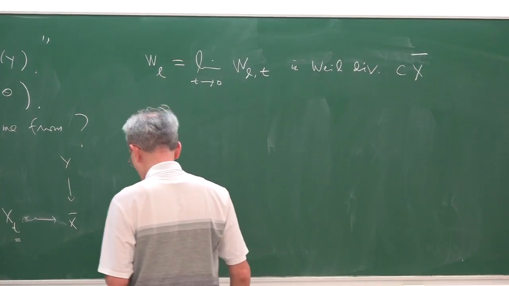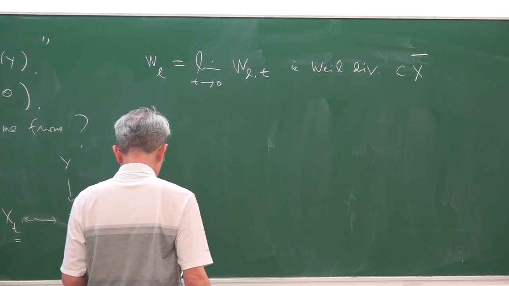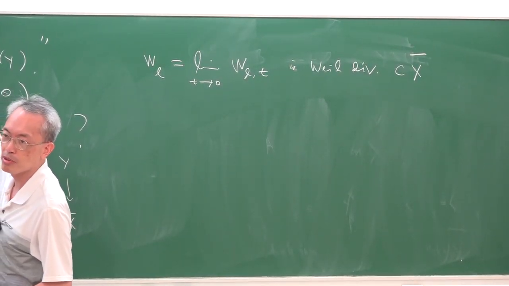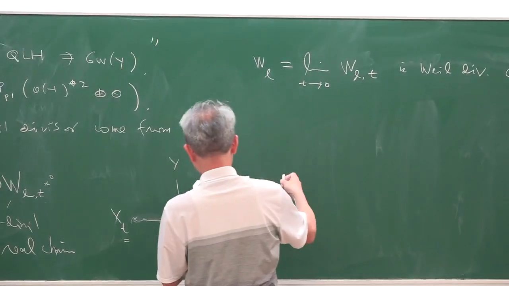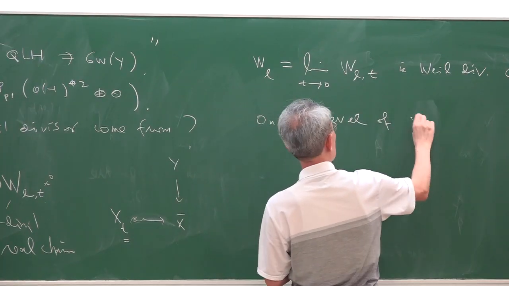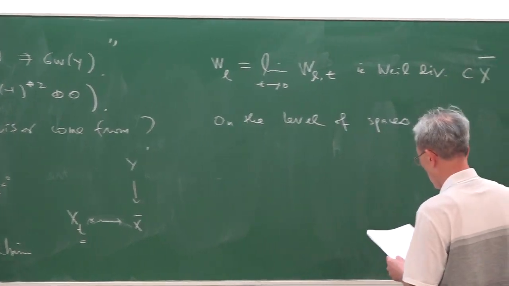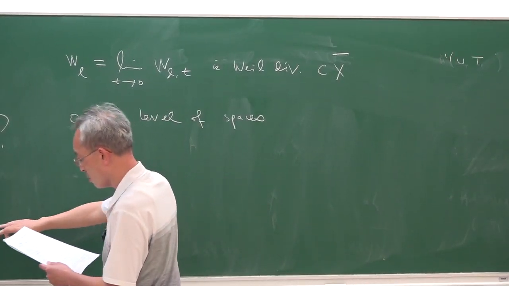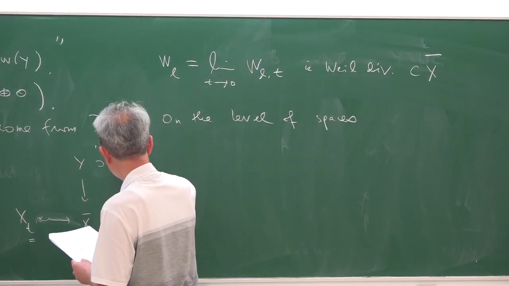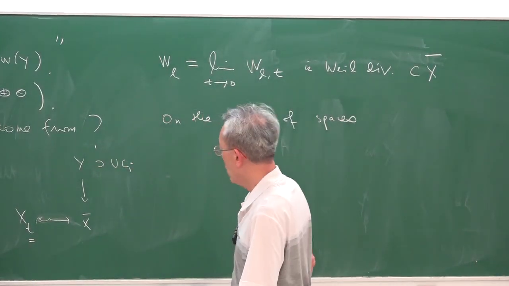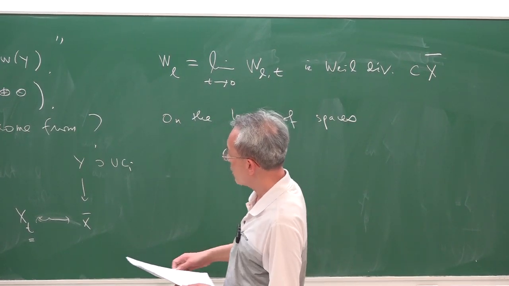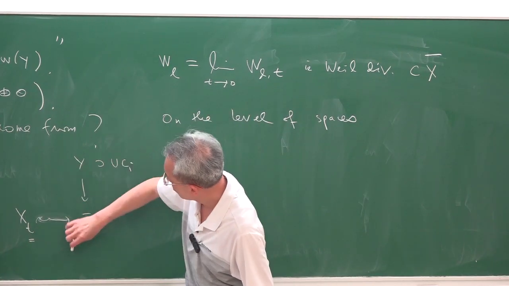Okay, so we have those things. Then let's start to think about how can such kind of thing be possible. On the level of spaces, you look at this diagram, and you have some curves here. Look at this one.